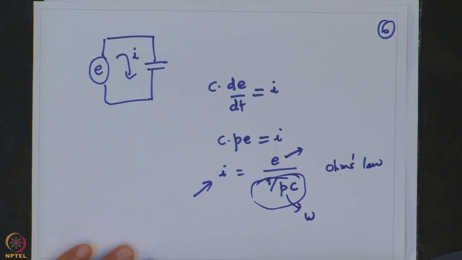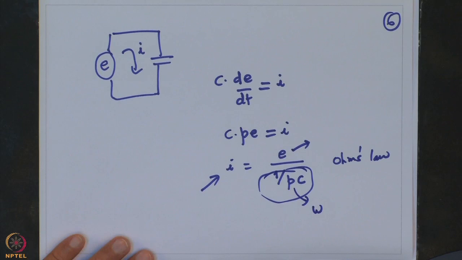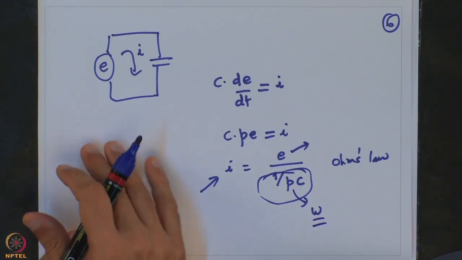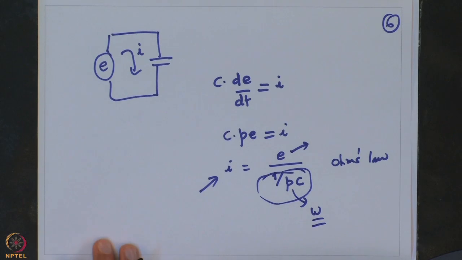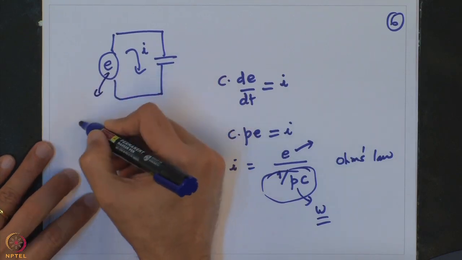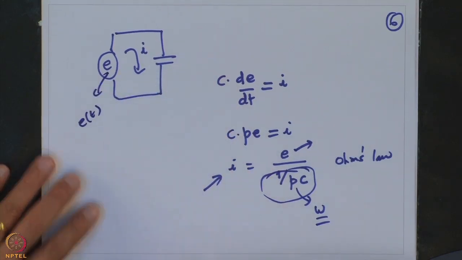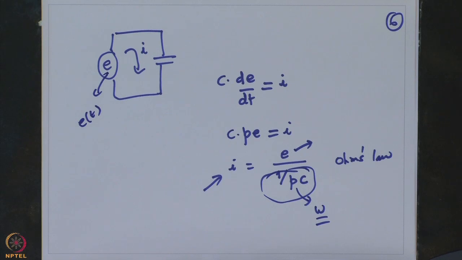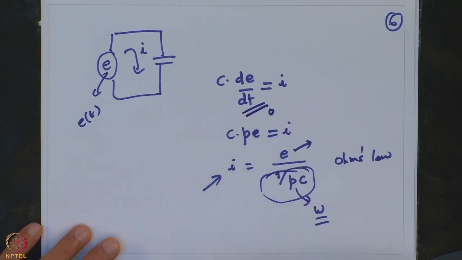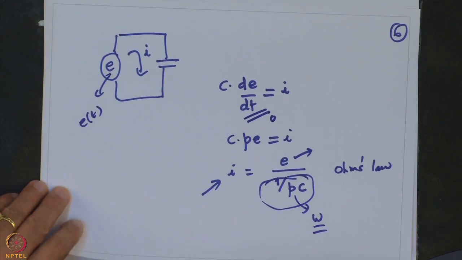Omega is nothing but the angular frequency of the sinusoidal excitation applied to the network. So, this is a pretty general representation where we have not mentioned what is the form of E. Strictly speaking, I should be writing E of t, unless it is a DC value, in which case, of course, there will be a 0 coming in here at this point.